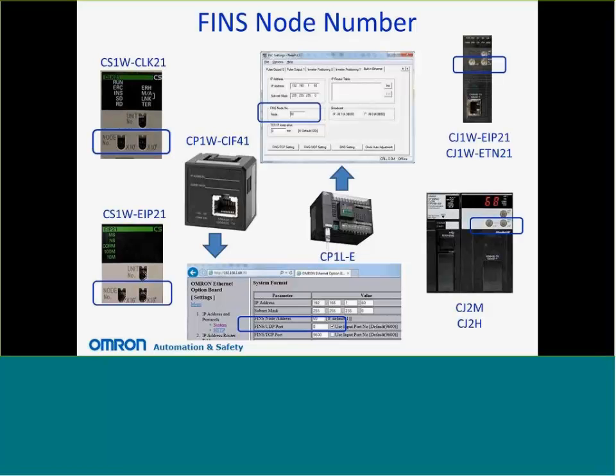An Ethernet card like an EIP21 or an ETN21, again, is hardware set. If you're using one of our serial to Ethernet gateways like a CP1W-CIF41, that is a software-set node number through a web interface. CP1L-E, our micro PLC with built-in Ethernet, again a software setting. And the CJ processors and cards are, again, hardware settings. So that's how you set the node number.